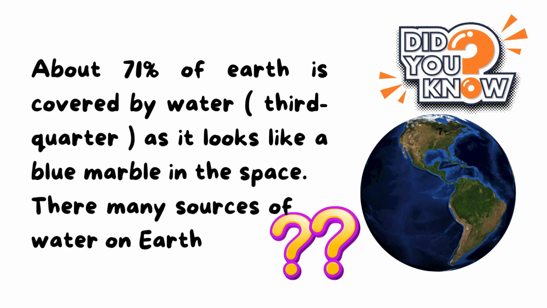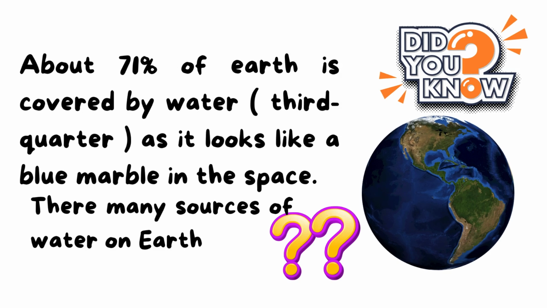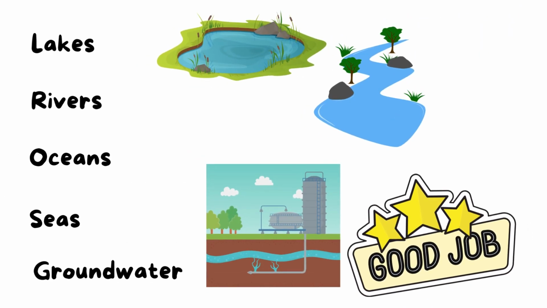There are many sources of water on Earth. Can you tell me some of the sources of water on Earth? Yes, like seas, oceans, good job, and like what? Rivers, lakes, groundwater. Yes, groundwater is a source of water. So we have lakes, rivers, oceans, seas, and groundwater.